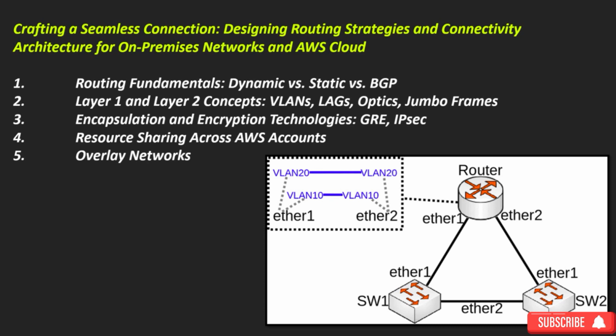So leveraging overlay networks enhances flexibility, scalability, and ease of management too. So in a short nutshell, we can say designing a routing strategy and connectivity architecture between on-premises networks and the AWS cloud demands a comprehensive understanding of networking fundamentals, security protocols, and cloud infrastructure.